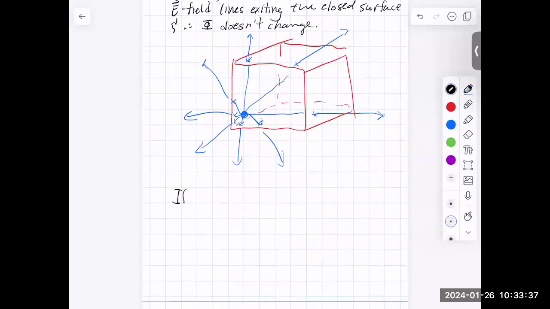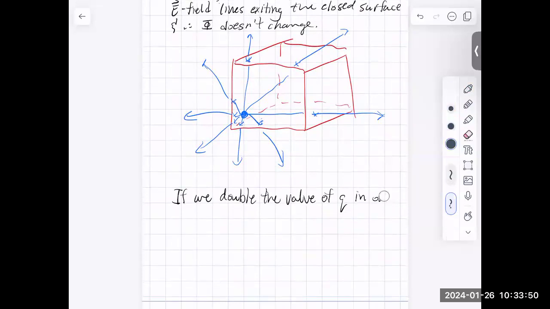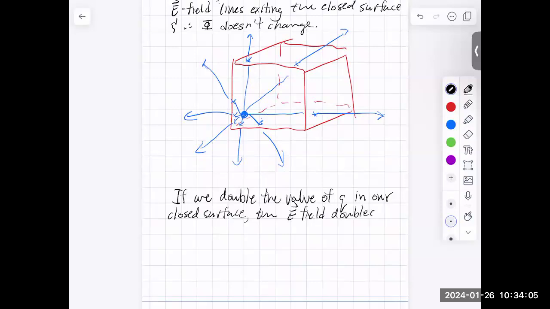If we double the value of Q in our closed surface, the electric field doubles. And so we get twice as many field lines.